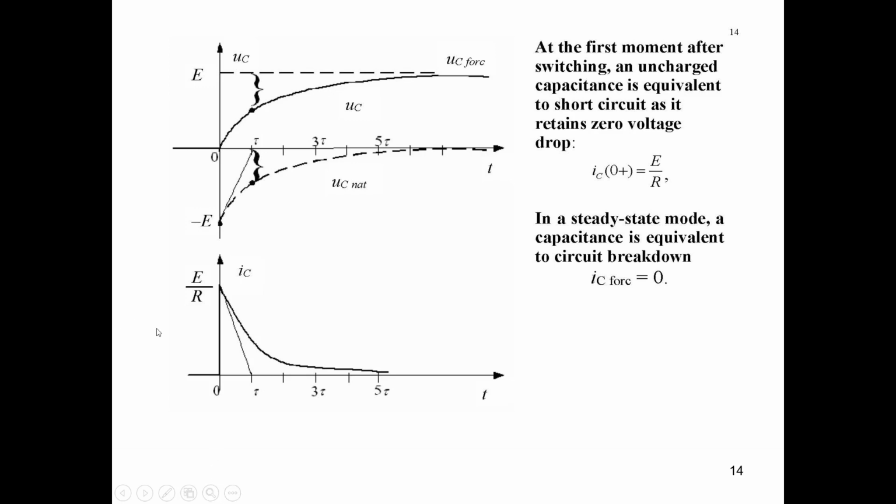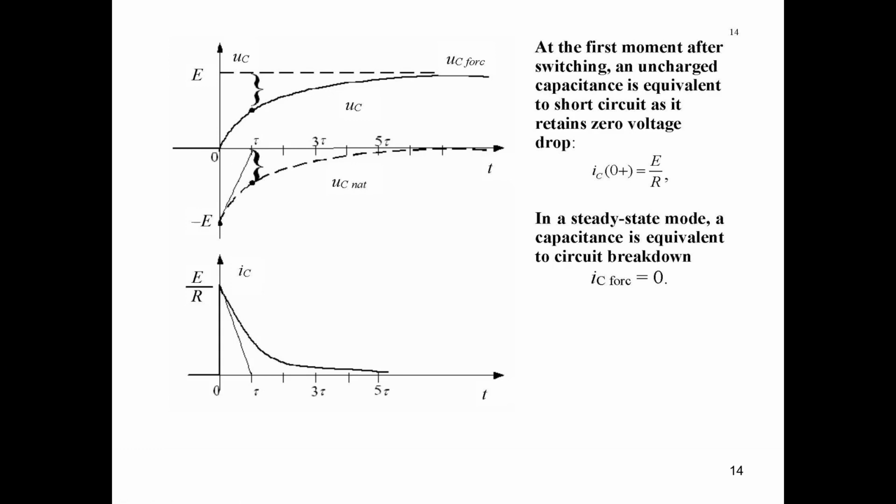Why? Because just this change provides smooth changing of UC, the voltage drop across the capacitance, because voltage drop across capacitance can change only smoothly.